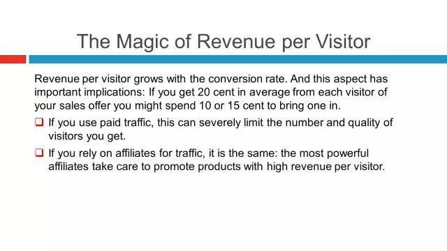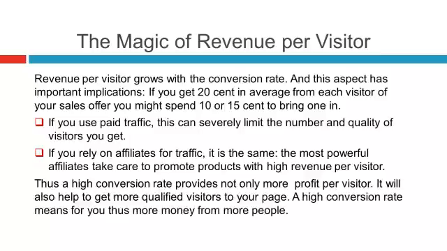If you rely on affiliates for traffic, it is the same. The most powerful affiliates take care to promote products with high revenue per visitor. Thus, a high conversion rate provides not only more profit per visitor, it will also help to get more qualified visitors to your page. A high conversion rate means thus for you more money from more people.